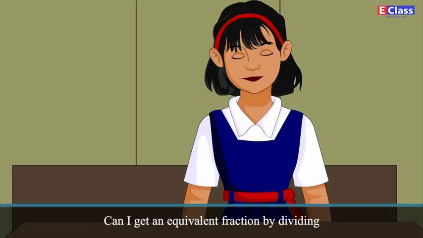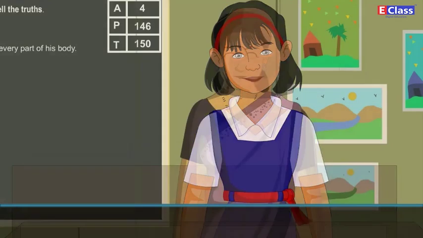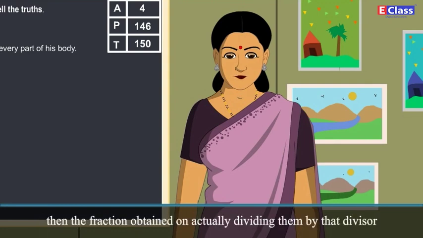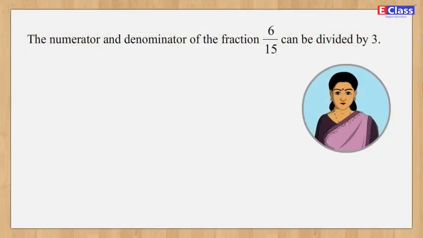Can I get an equivalent fraction by dividing the numerator and denominator by the same number? Of course! If the numerator and denominator have a common divisor, then the fraction obtained on actually dividing them by that divisor is equivalent to the given fraction. The numerator and denominator of the fraction 6 upon 15 can be divided by 3.